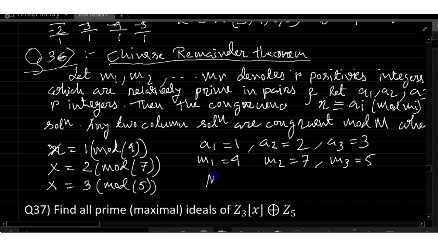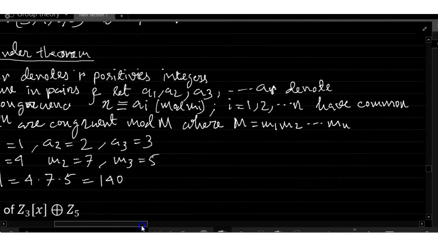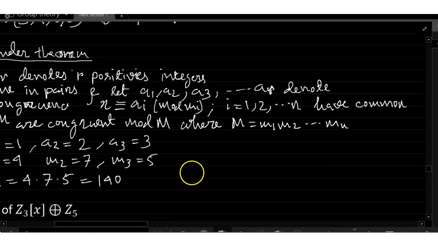So capital M equals 4 into 7 into 5 equals 140.